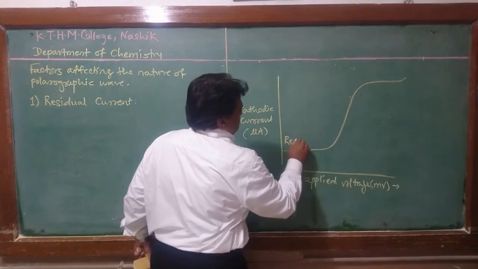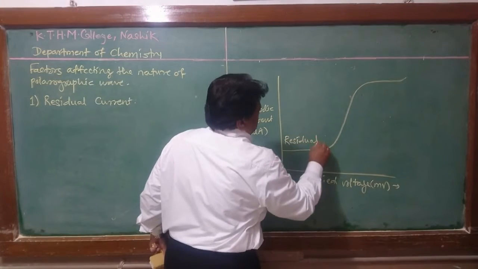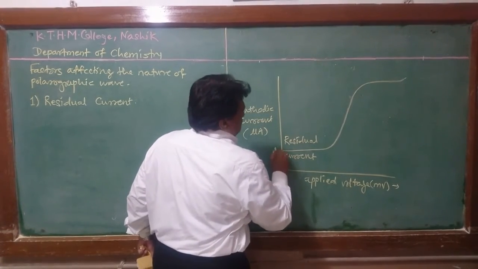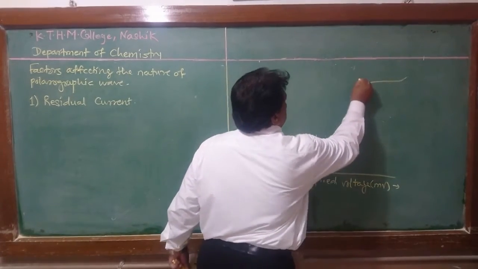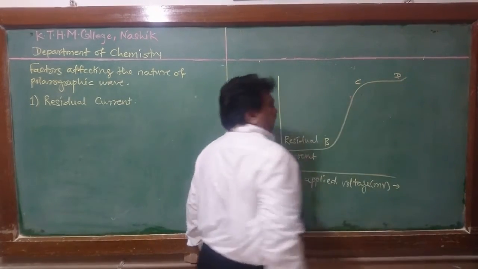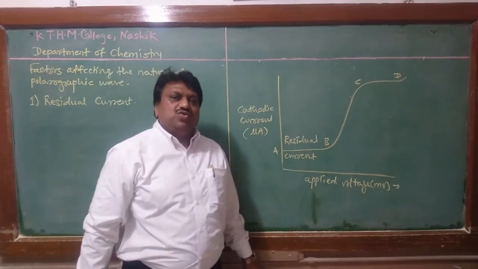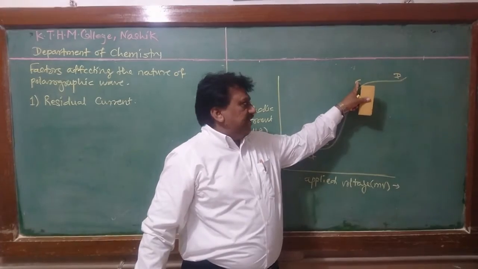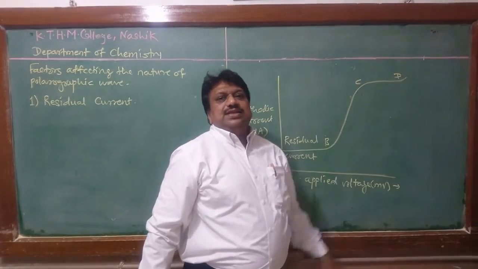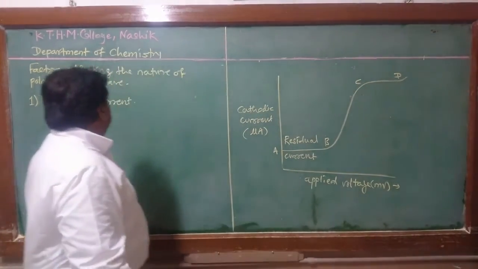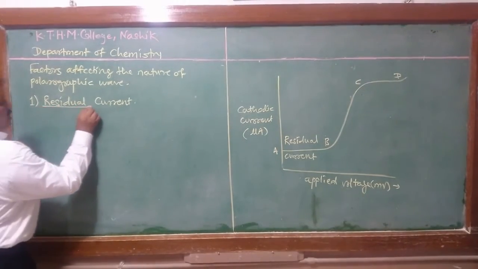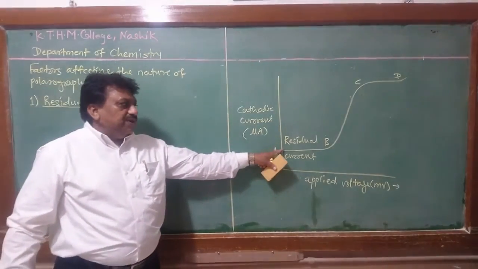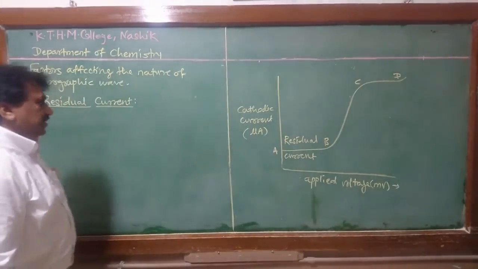This polarographic wave has three different regions. A to B is the region of residual current, B to C is the region of diffusion current, and C to D is the region of limiting current. Therefore, in polarographic analysis, the nature of the polarographic wave is affected by the residual current.